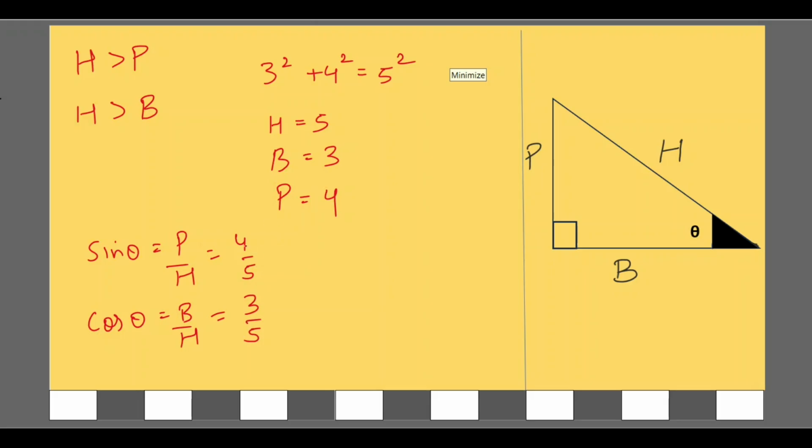So you can always see that either of sine theta or cos theta will always be less than 1, but they will be greater than 0. That's the property of sine and cosine theta. They will always be less than 1 but greater than 0 here in the triangle, because as long as P and base are less than the hypotenuse, which takes us back to the original equation.